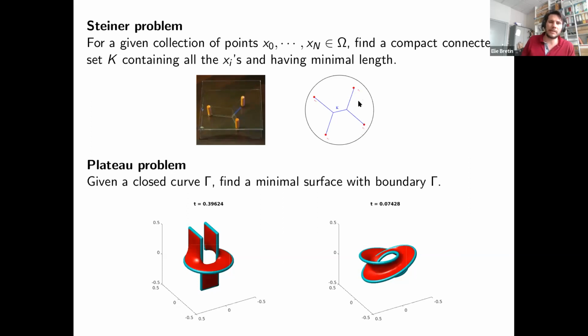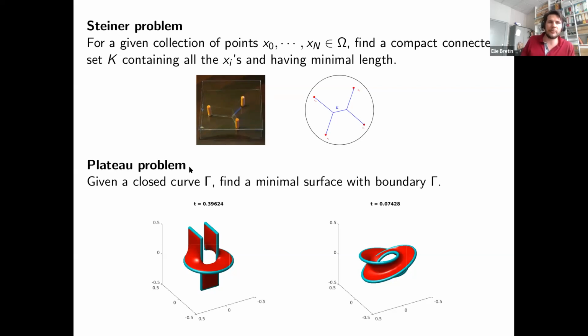And you can see that the set K is also not oriented and also has singularities, in the sense that we can observe some triple junctions. So this problem can be obtained by minimizing the perimeter of a non-oriented set K with inclusion constraints. So if I have some numerical method to do this, I can easily obtain a solution of the Steiner problem.